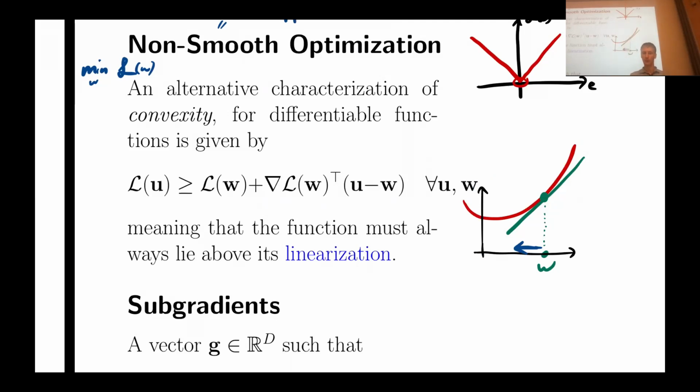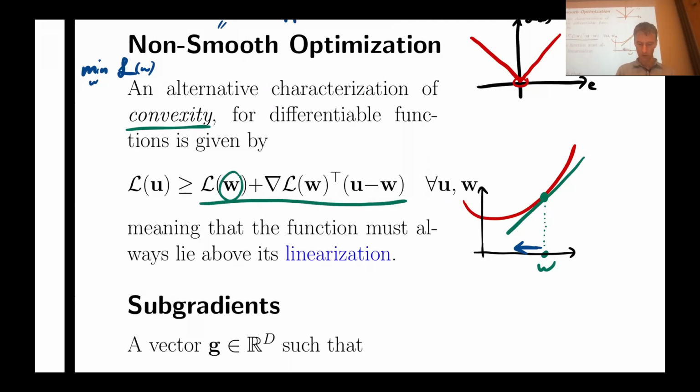And to make this a bit more precise, you can show that gradients give you a very nice characterization of what it means to be convex. It's an equivalence here, if you have gradients. And what it says is that if your function is always above its linearization, so this is the linearization, right?